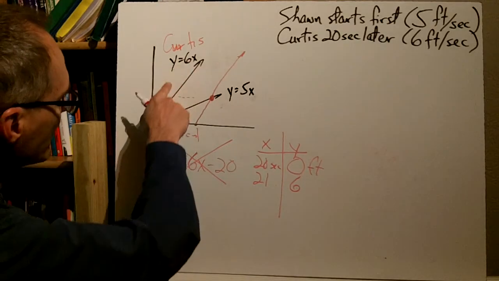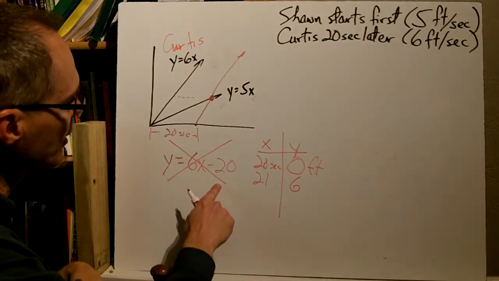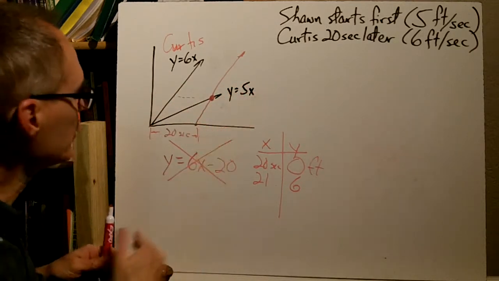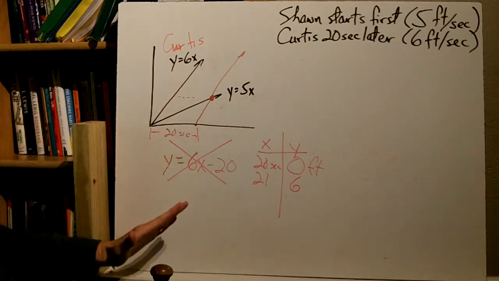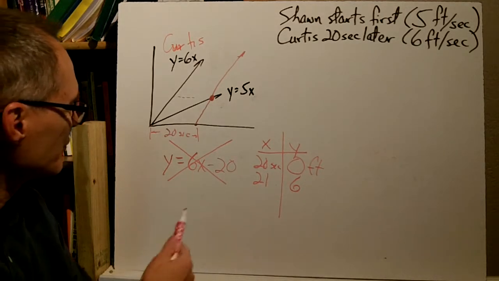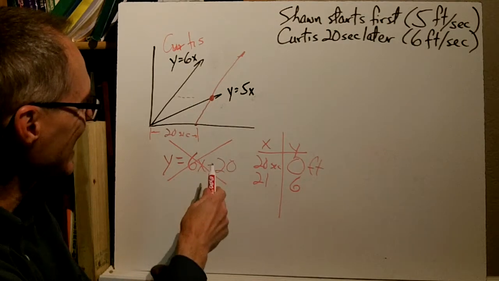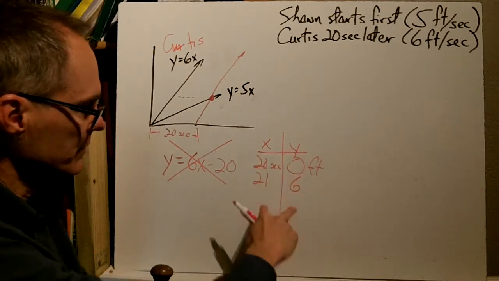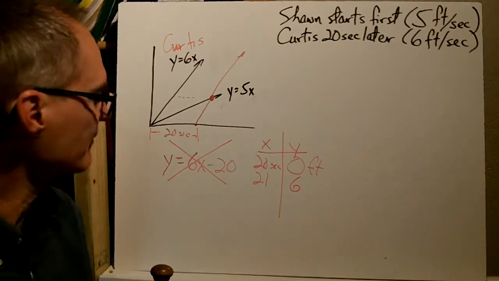So if I take y equals 6x and I subtract 20 from it, that's not going to move the graph to the right by 20 units. It's going to move it down, and that's not what I want. So I begin to ask myself, what exactly can I do to get this equation for Curtis to match up with the actual values that I have?